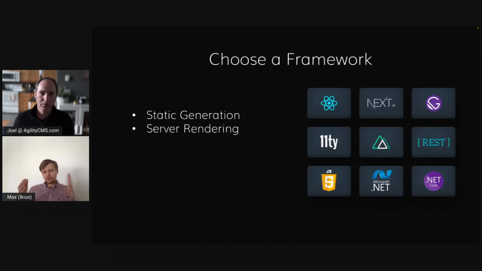So contrary to static pages, dynamic builds it whenever I need it, and static already exists when I need it. So that's their main difference. Now, these are two totally different concepts, but there are frameworks that will do both of these things.